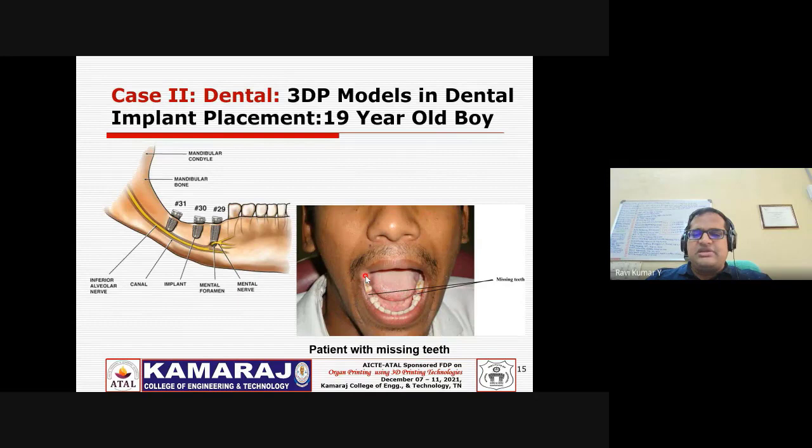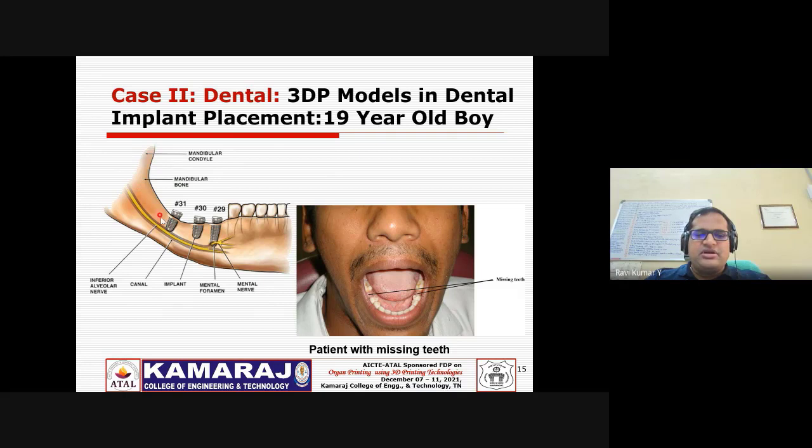In the standard conventional procedure, they will take an impression from the mouth, from a plaster of Paris kind of material, and based on that, they perform the surgery.